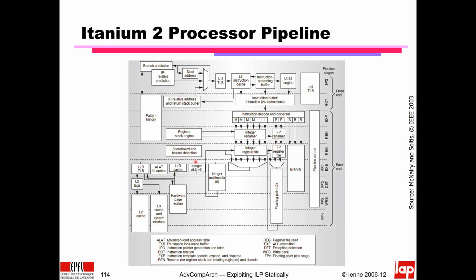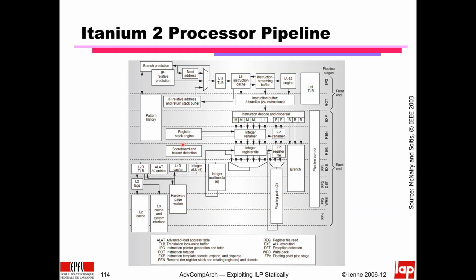One of the things that you notice here is, for instance, this scoreboard and hazard detection. And here, if you are puzzled, you have every reason to be. You have been told that this is a very long instruction word processor, that is a processor that doesn't do absolutely any check of dependency at runtime. And surprise, surprise, now there is in the processor something that is hazard detection.